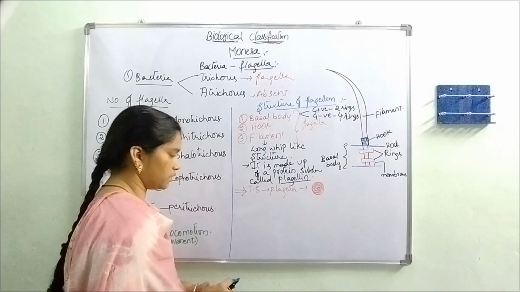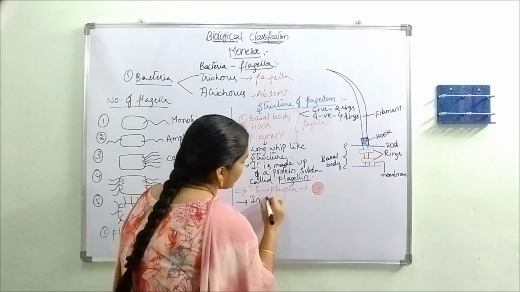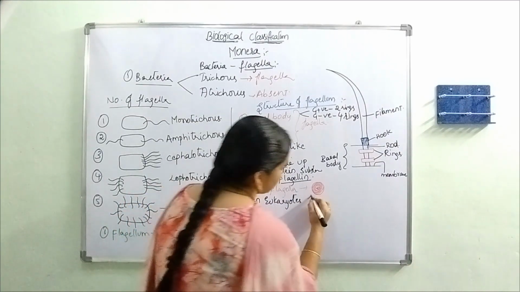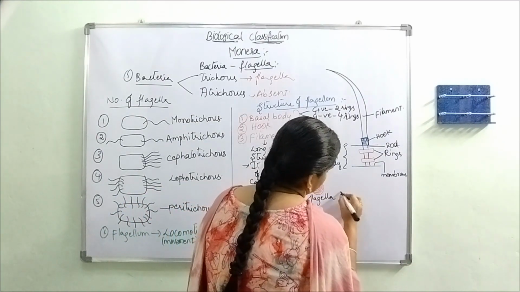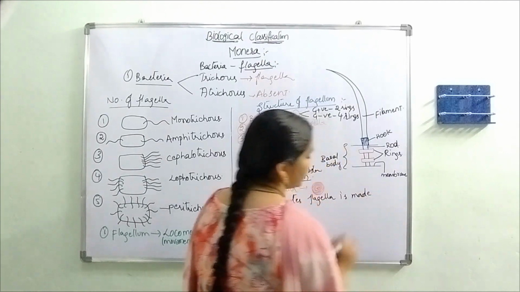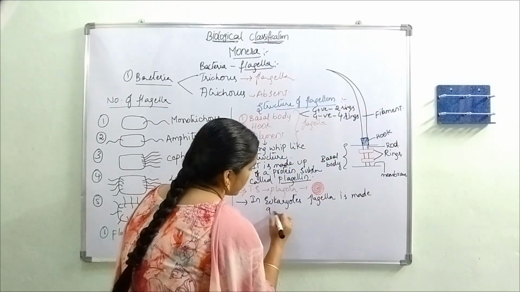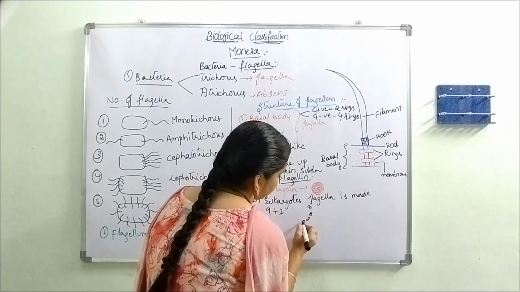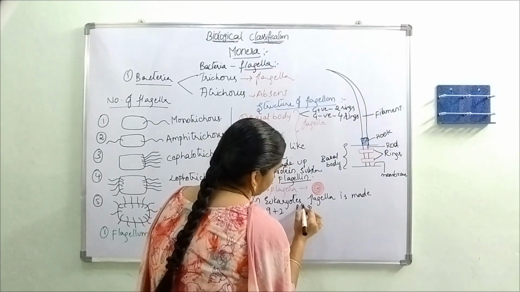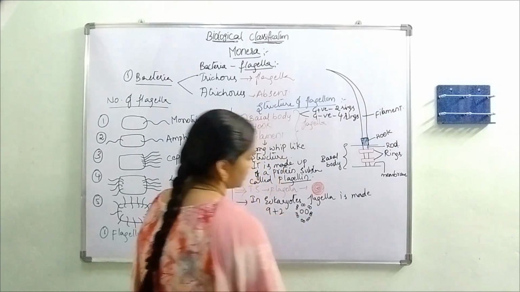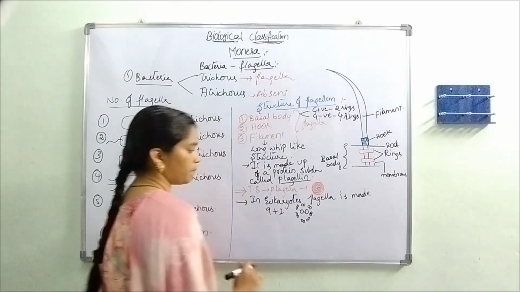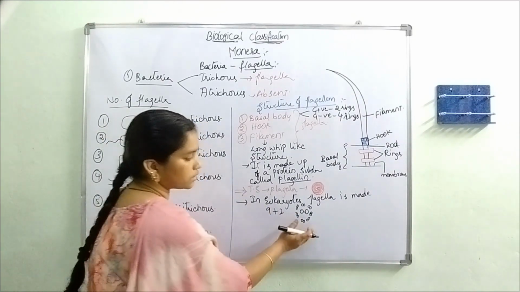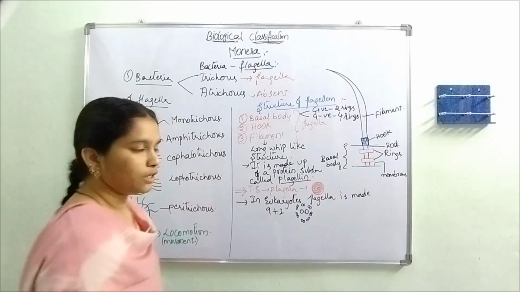In eukaryotes, flagella is made up of a 9+2 arrangement of microtubules. It looks somewhat like this, and these are the middle ones. In eukaryotes, the flagellar transverse section looks like this. This is the 9+2 arrangement in eukaryotes.